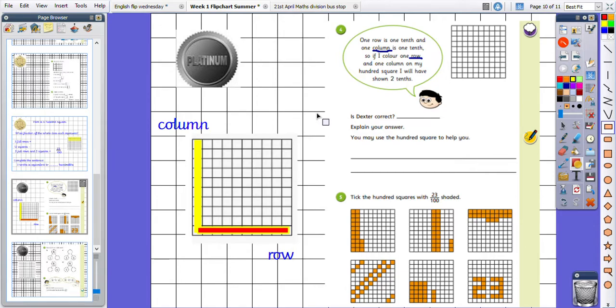So when you are looking at this question, make sure you understand what the word column means and the word row. You are explaining your answer, so you are reasoning and problem solving for platinum.